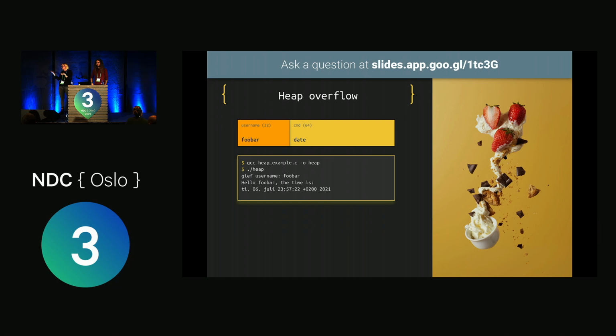And then, of course, the date is always date in the command chunk, right? So when we run it, it says: hello foobar, the time is, and then the date.